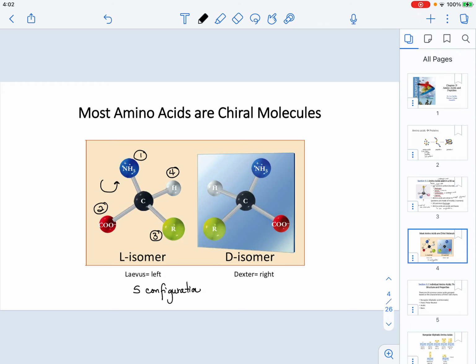And then the D isomer is going to be the R configuration. But again, this is just to relate it to previous chemistry courses. Understand that for the rest of the semester and throughout this course, we are going to refer to the chiral centers in the biomolecules in which we focus on chirality as L or D isomers.